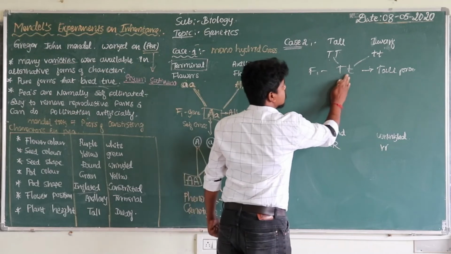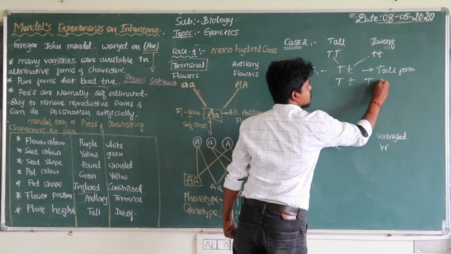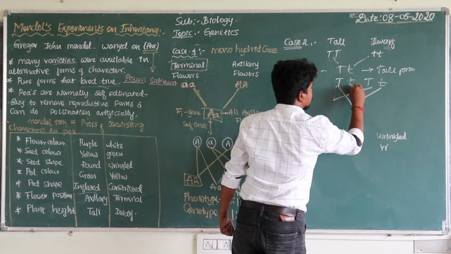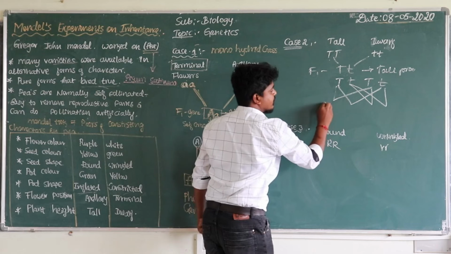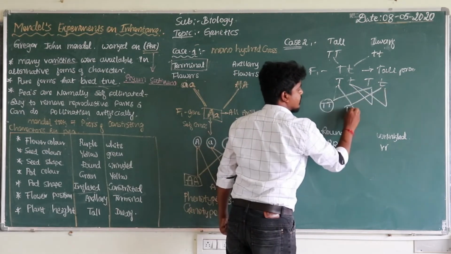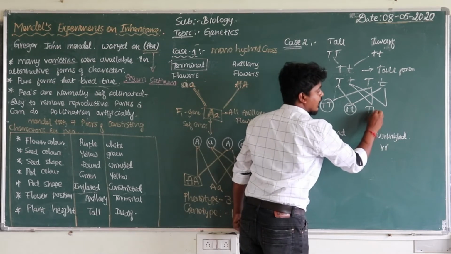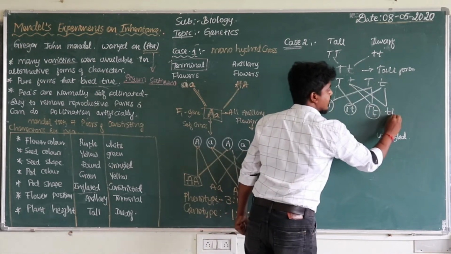When you self cross this one, capital T, small t, capital T, small t. Have a look here. Capital T and capital T. Capital T and small t. Small t and capital T. The last one, small t and small t.